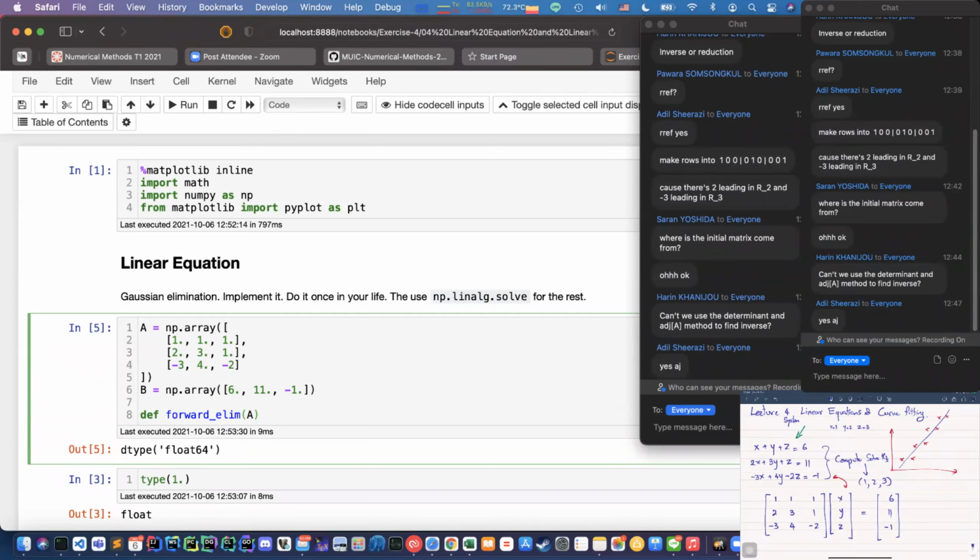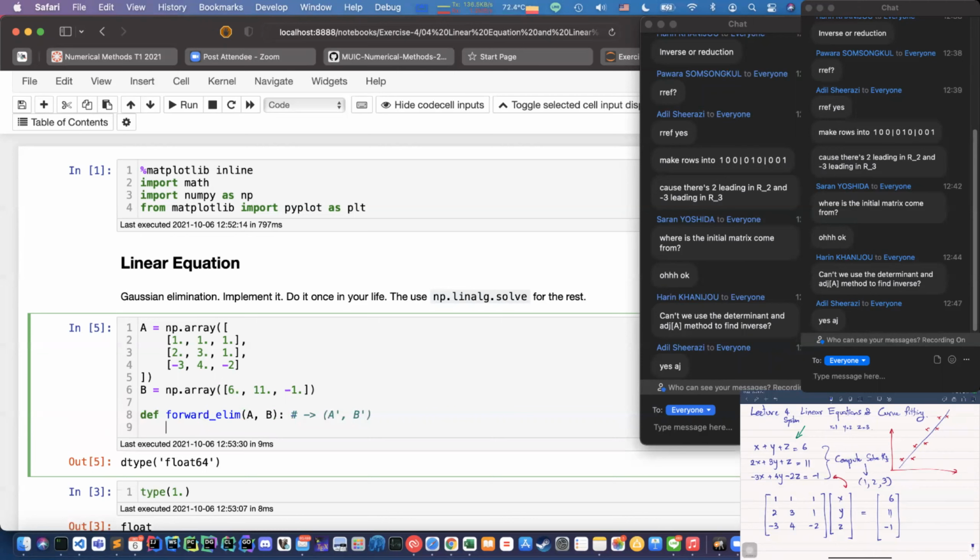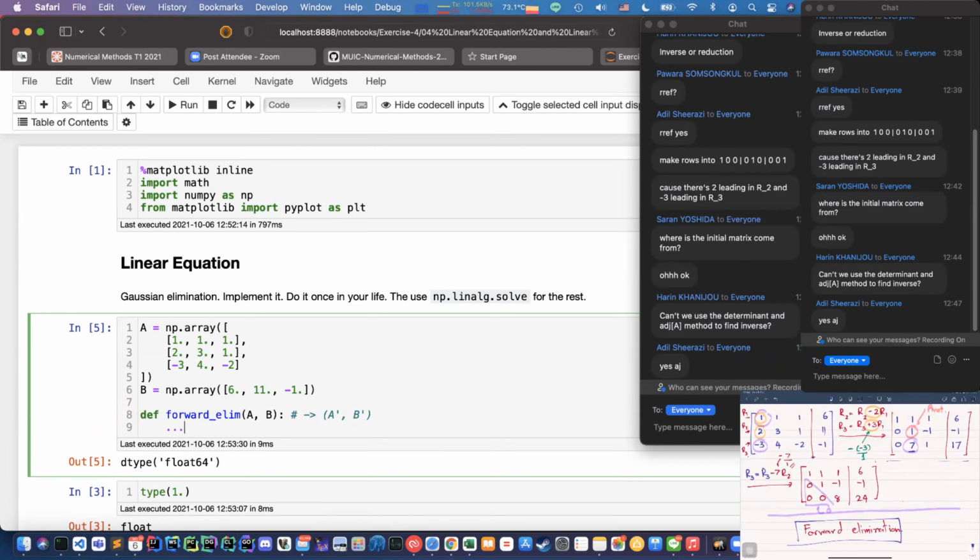You take a and b, and then it should return a prime and b prime, where a prime and b prime are the things that you got over here. So that's going to be your a prime, and this is going to be your b prime.